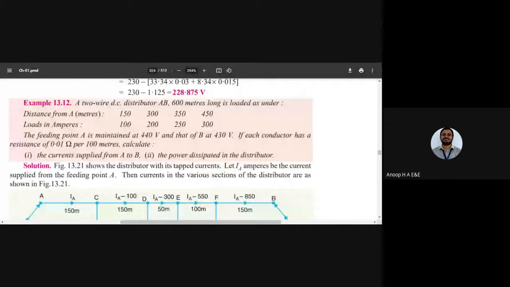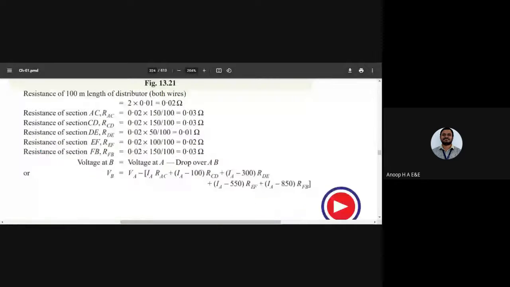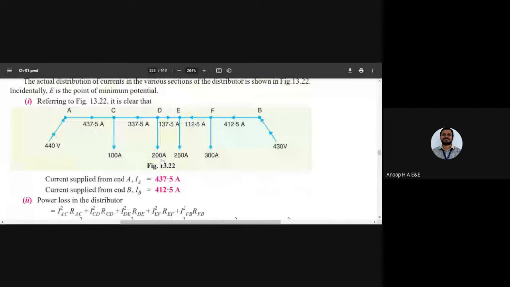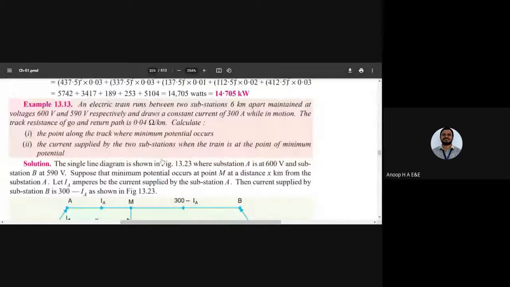I want Hashmit Ram to solve this problem. I've already shared it in the group. Next, this one, 13.13, I want Lekana to solve it.